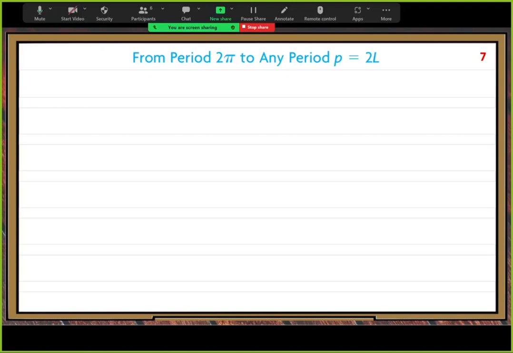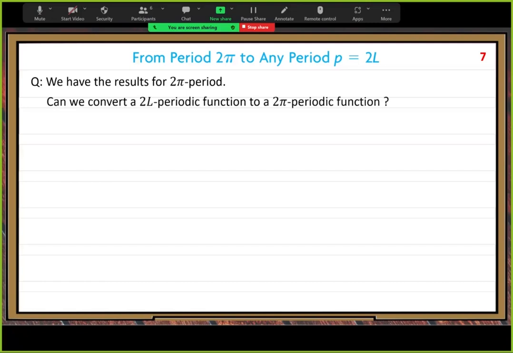Now let me derive the formula for arbitrary period 2L. So we finish today's content. Question: we have the results for the 2 pi period already. Now we want to use our existing result. We don't want to start from scratch.